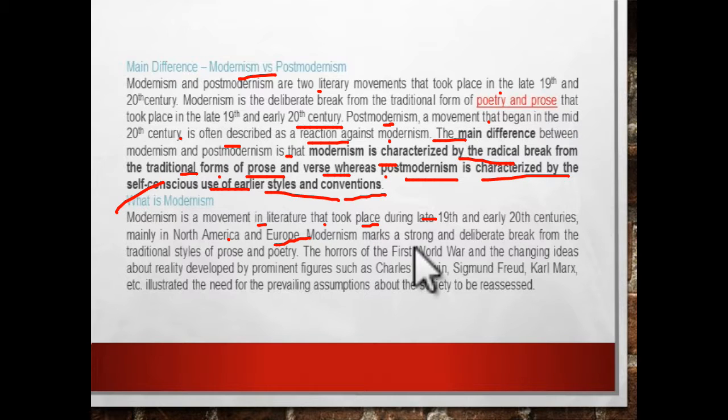Modernism marks a strong and deliberate break from the traditional styles of prose and poetry. The horrors of the First World War, and the changing ideas about reality developed by prominent figures such as Charles Darwin, Sigmund Freud, Karl Marx, etc., illustrated the need for prevailing assumptions about society to be resisted.